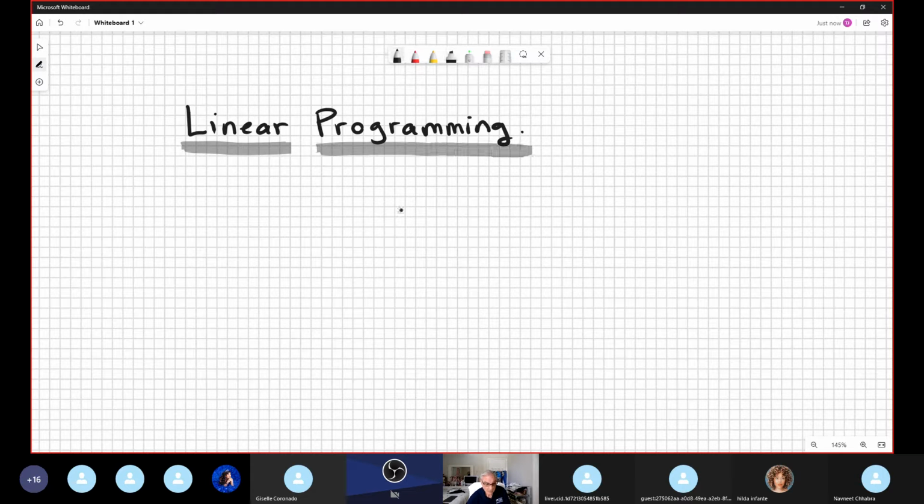So linear programming is an optimization method. Optimization means a mathematical attempt to find the best option. Sometimes it's a maximum or sometimes it's a minimum, depending.